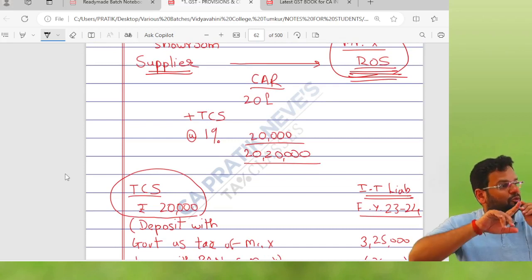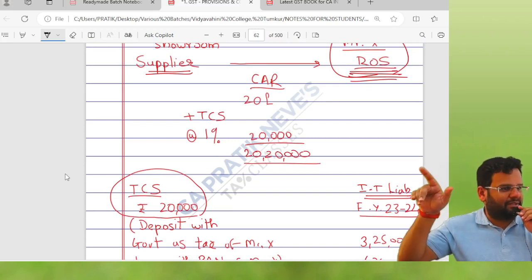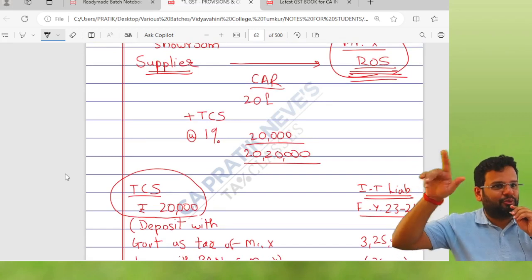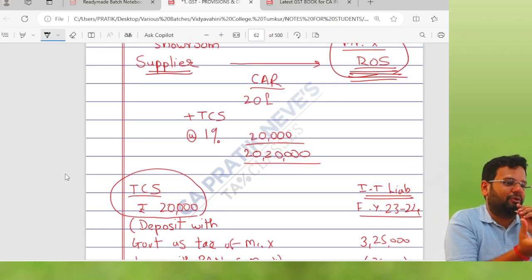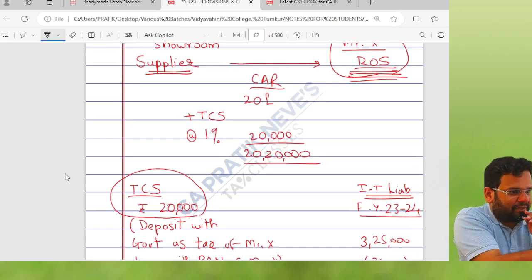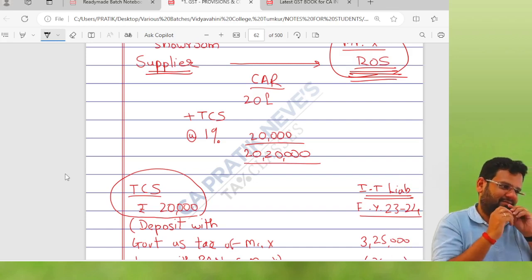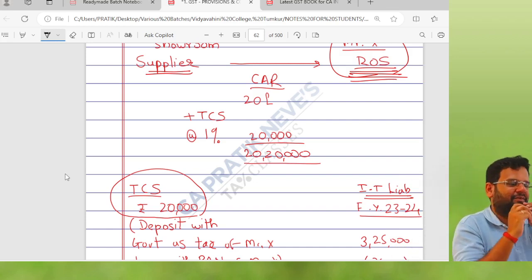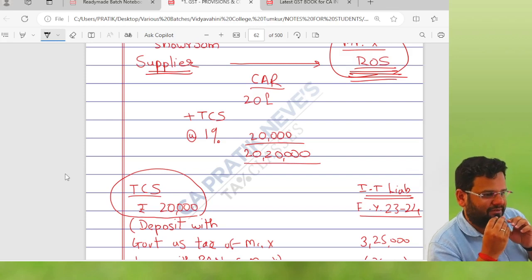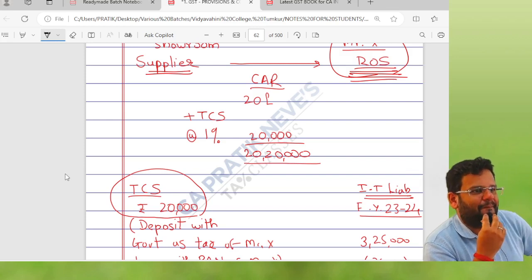See, do we have to do provisions of TDS, TCS and income tax? Yes, we will do that. But right now what I told you is the basic concept and how it affects your GST. Okay, so write one sentence.